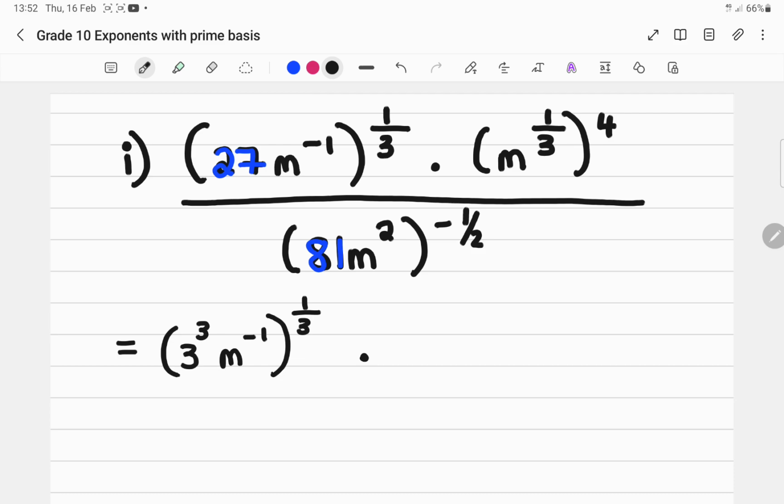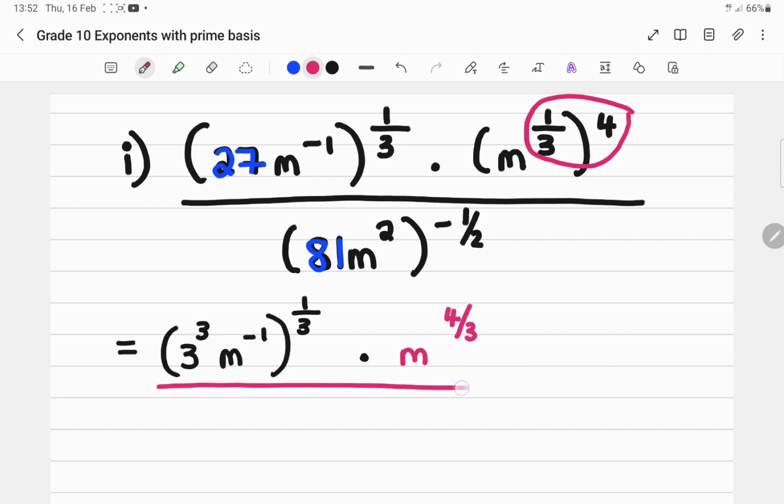Times. This one I can do the power raised to a further power. I'm going to multiply, and you can just pop it into your calculator to see that it will give you m to the power 4 over 3, all over 81, which becomes 3 to the power 4 and m to the power 2, and that is all raised to the power negative a half.